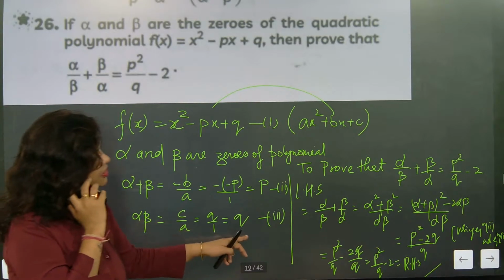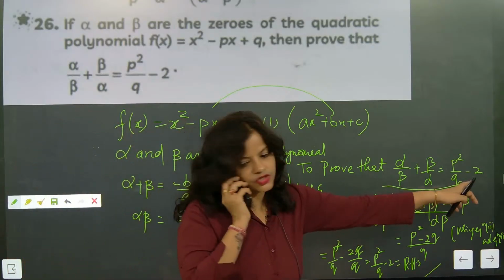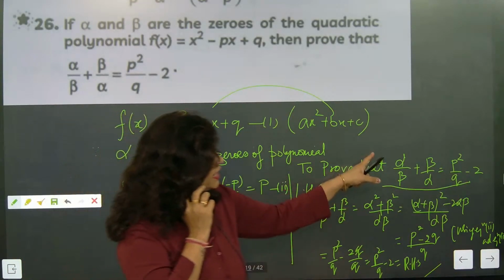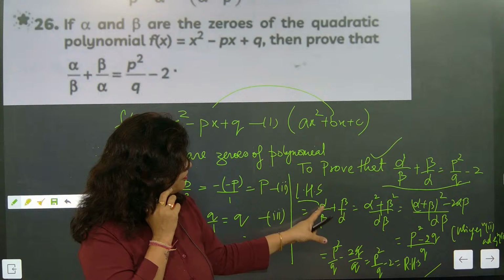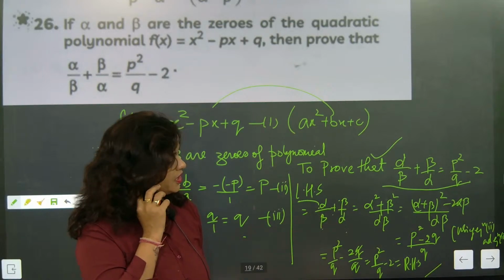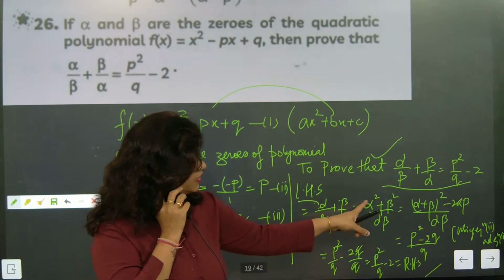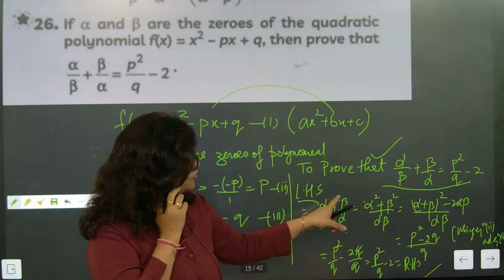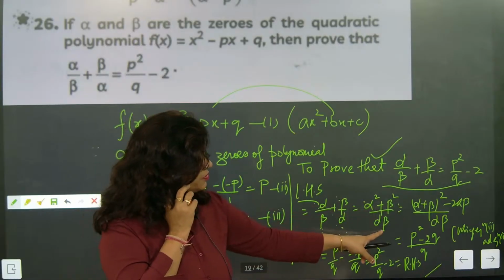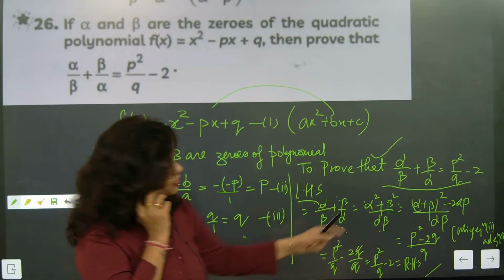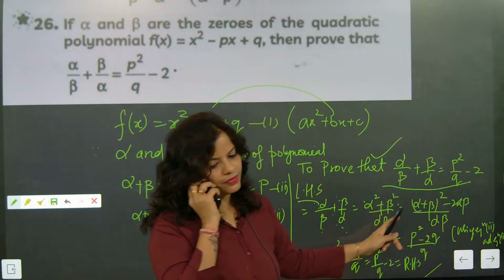From equation 3, LHS is equal to RHS, you have to prove. Then you take the LHS side. LHS side is alpha by beta plus beta by alpha. Cross multiply: alpha into alpha, alpha square, beta into beta, beta square, by alpha beta. Understood? Now there is one formula for alpha square plus beta square.